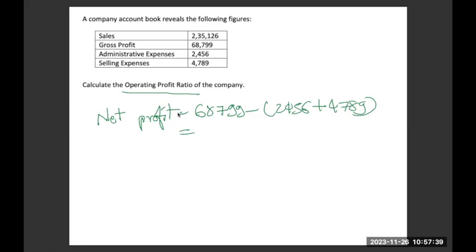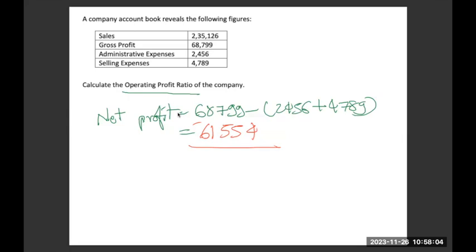It comes to 61,554. Okay, this is the net profit.